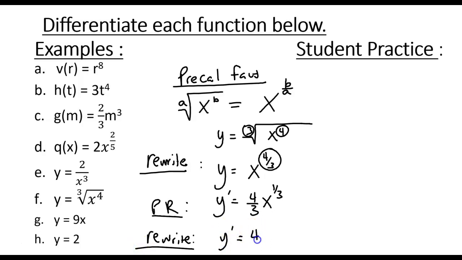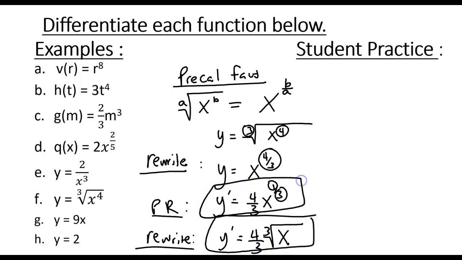What we could do is 4/3, and I could rewrite this as a root, where this is my root, the 3, and this is my power, it's a 1. Okay, and you don't need to write 1 as a power, just so you don't forget. So this is an acceptable answer, and so is this, but there it is. So rewrite, power rule, rewrite, just like the last problem.